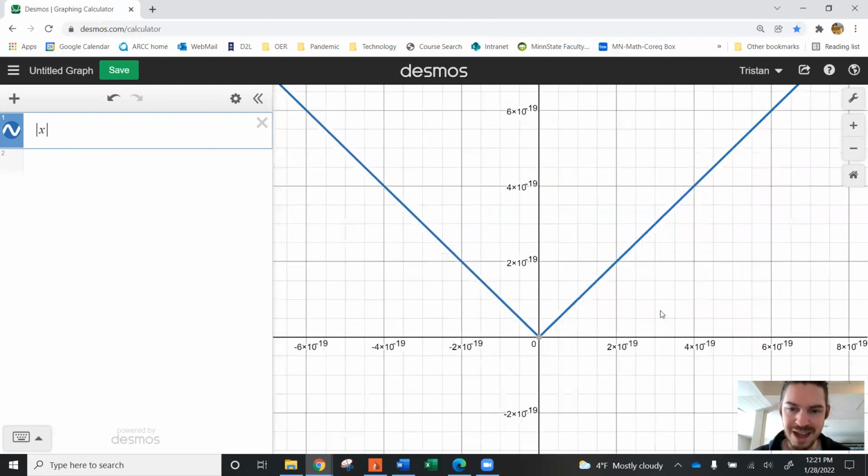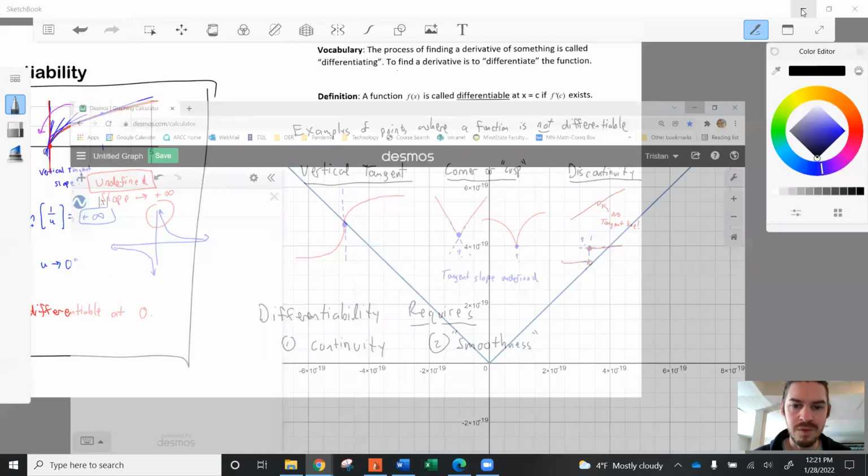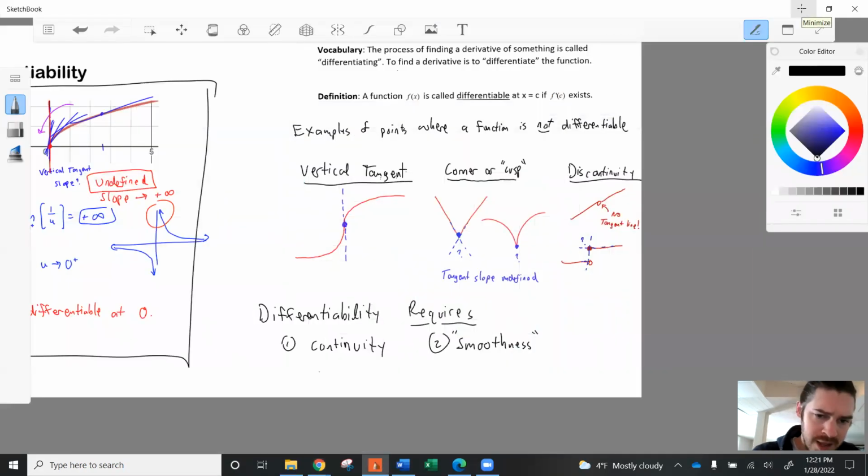All right, so that's something that's genuinely not differentiable right there. So that's what I mean by smooth. And then the third thing is to say, of course, that we don't have vertical tangents. That would be something we'd need to avoid as well. So those are our three requirements for differentiability.